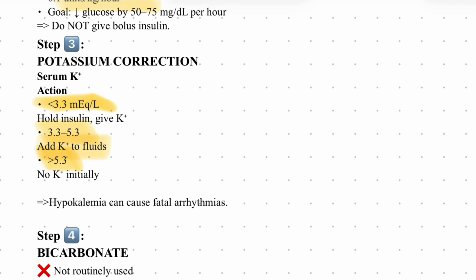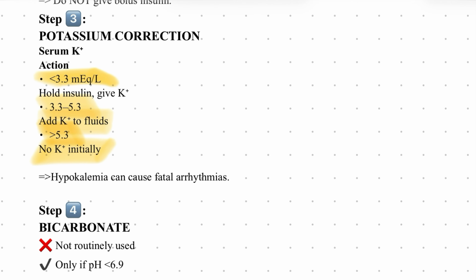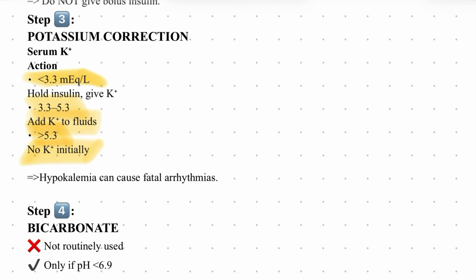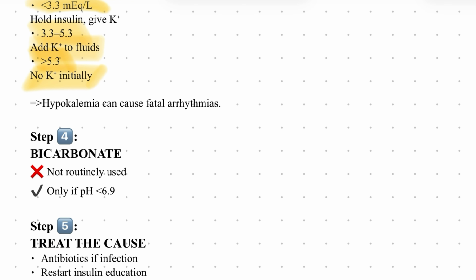If it is more than 5.3, then no need to give potassium initially. So remember the summary of the third step: first you have to give potassium if it is low in the serum. If it is above 5.3, no need to give potassium initially, because the deadly complication of potassium is arrhythmia, which is difficult to manage.